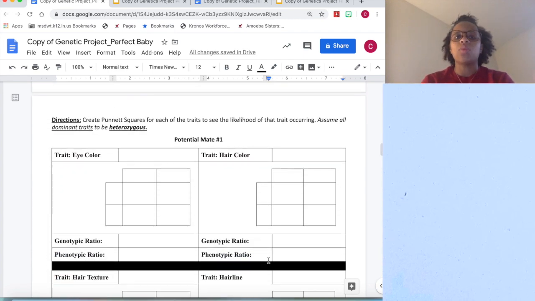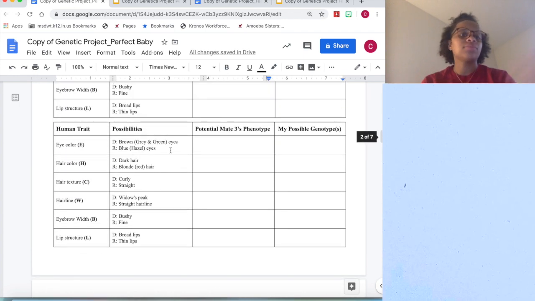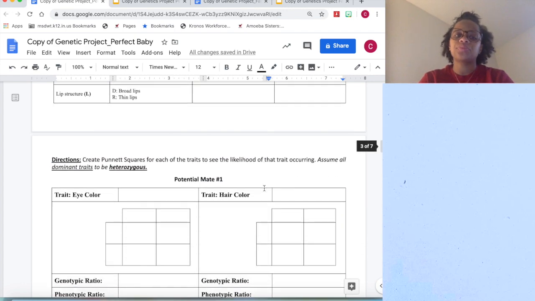Down here, you're going to go ahead and do a cross. It's important to know that it says create the Punnett square for each trait to see the likelihood of that trait occurring. Assume all dominant traits are heterozygous. So, for instance, Harry Styles, his hair color is a dark color, so his genotype is going to be heterozygous: one dominant, one recessive.